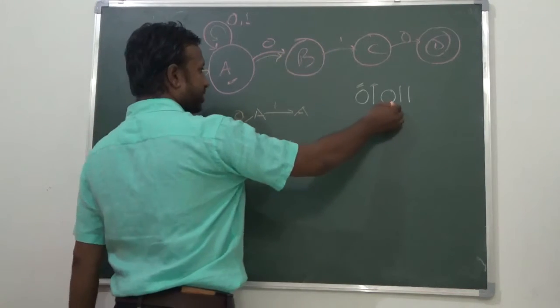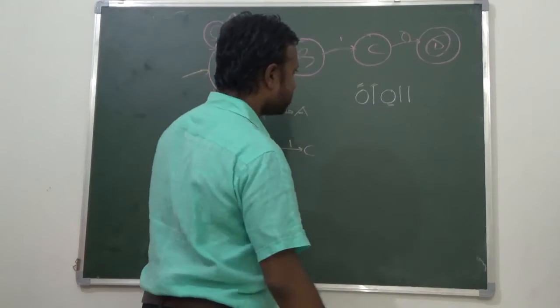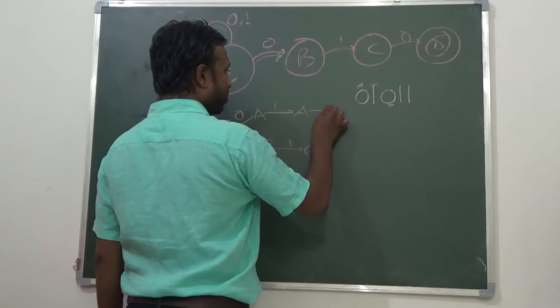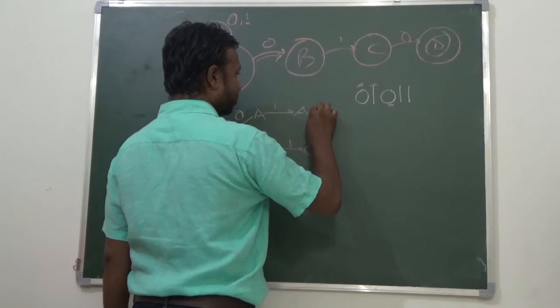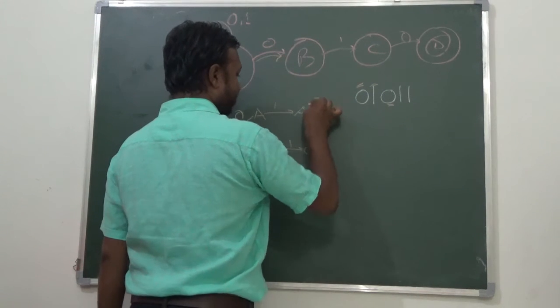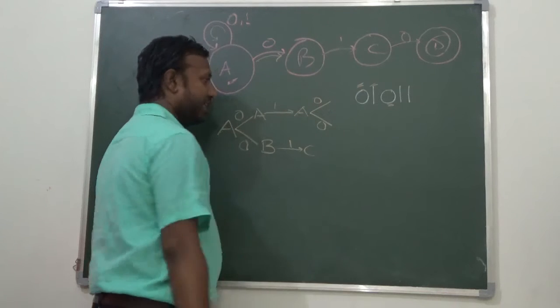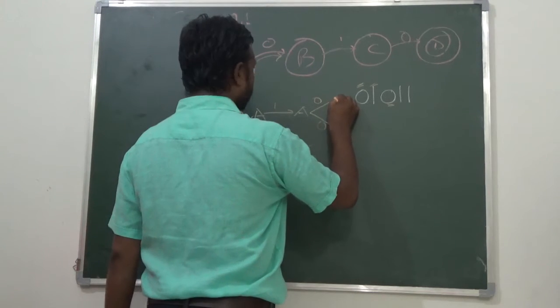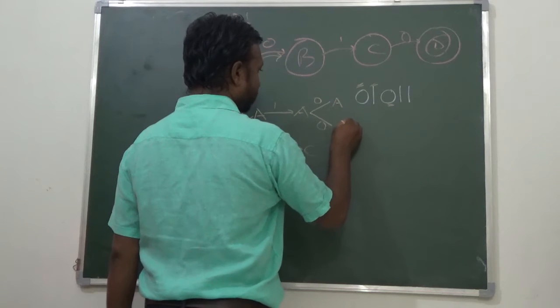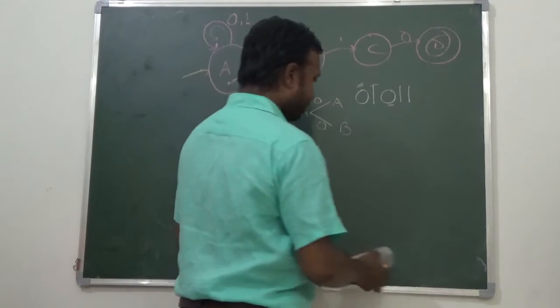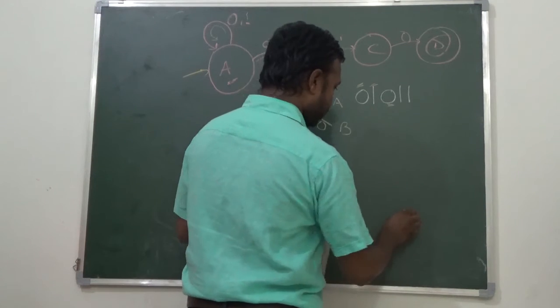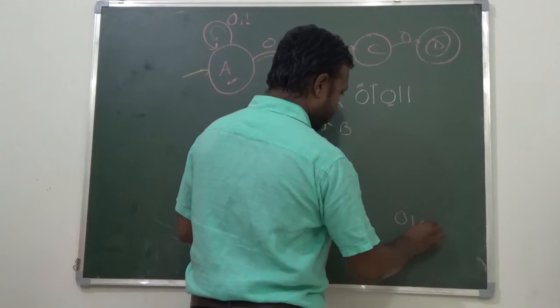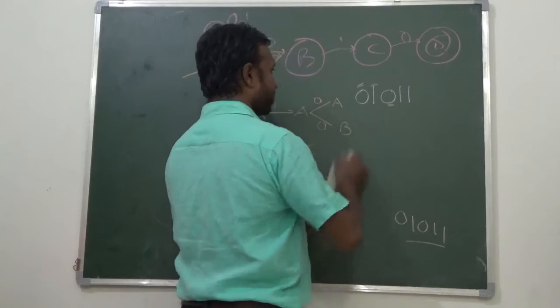Now the machine needs to process the symbol 0, this 0, and then again the machine has two choices. Here, if the machine is in A, it will go to A or it will go to B. Let me write it out here: 0 1 0 1 1. This is the input.